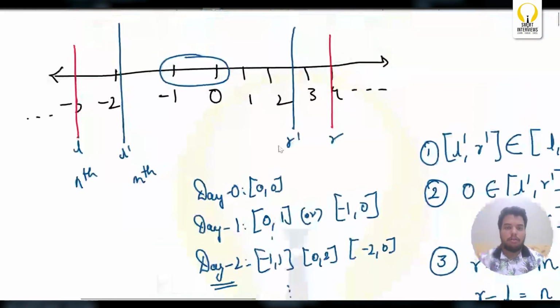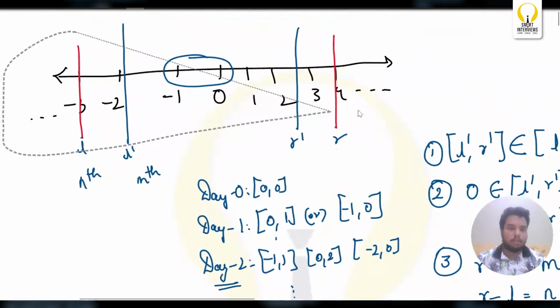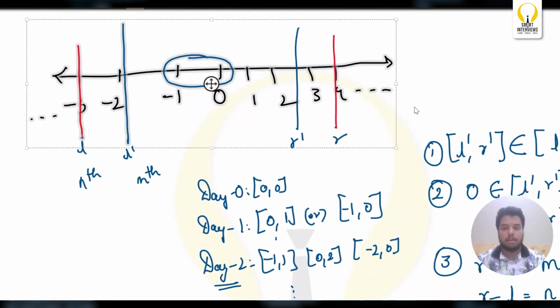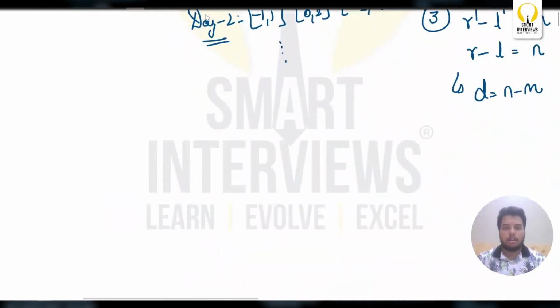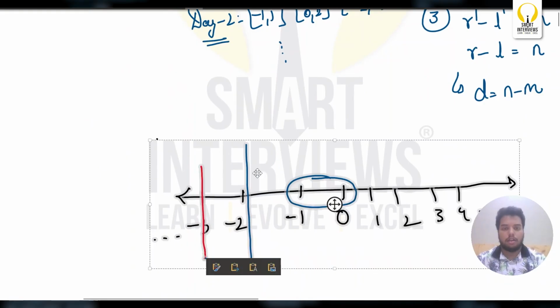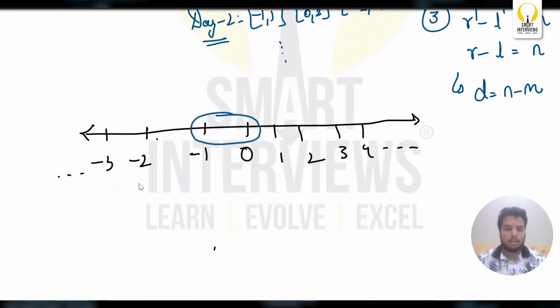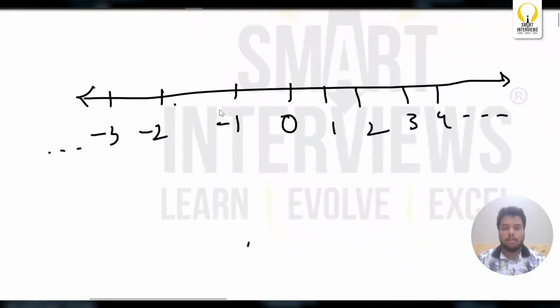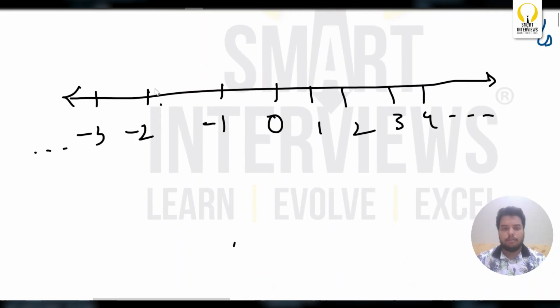Okay, I can copy the same thing. If I have infection on, let's say, day 5 from -2, this is my N equal to 5, from -2 to 3.